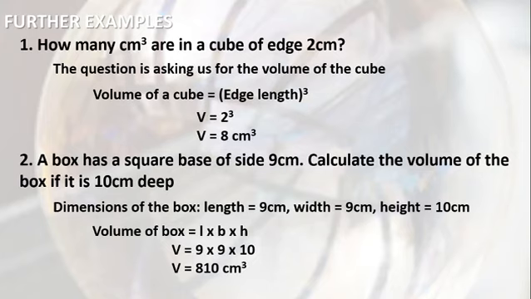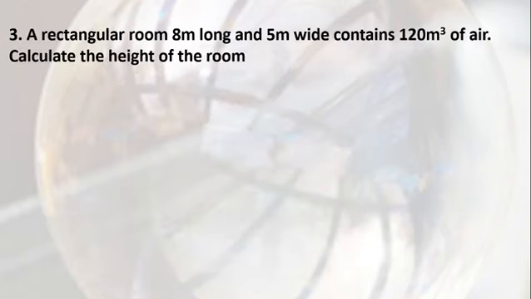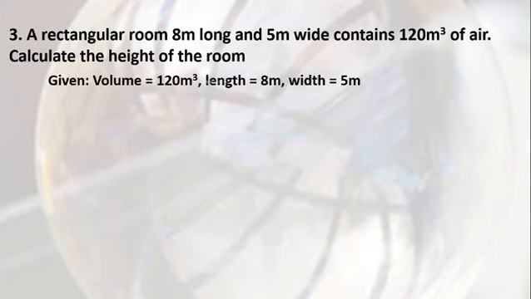Question 3 says a rectangular room 8 meters long and 5 meters wide contains 120 meters cubed of air. Calculate the height of the room. Since the volume is length times breadth times height, the volume is 120 in this case, and that is equal to length 8, breadth 5, times height.